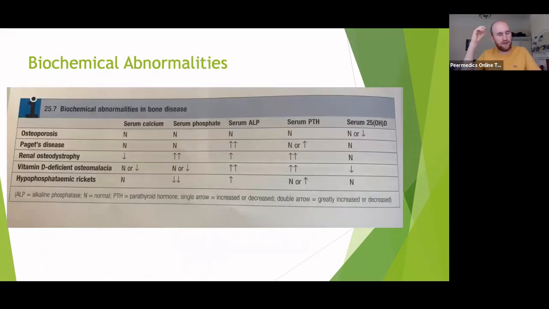These are just basically from the reading I was doing for it, some of the biochemical abnormalities that you might see in different bone disease. You can see that osteoporosis just has normal bloods most of the time. Paget's, you'll see that huge increase in ALP because of the increased osteoclast activity.